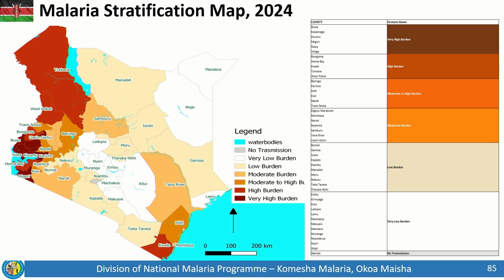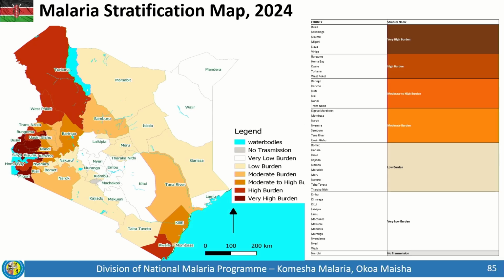And this is the stratification, malaria stratification within the country. If you've seen our map before, I know you can tell that this has been changing over time, and it's really from no transmission to very high burden areas, and even within specific counties, we have 47 counties, and within those specific counties, even the dynamics change lower.